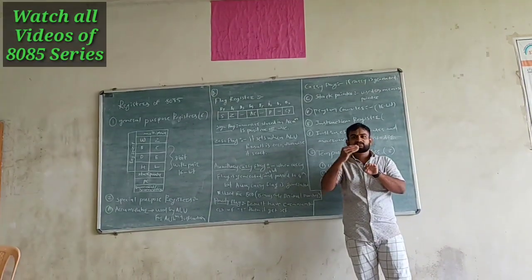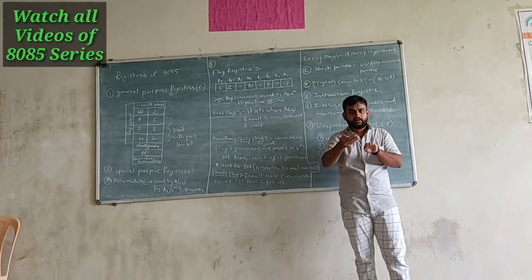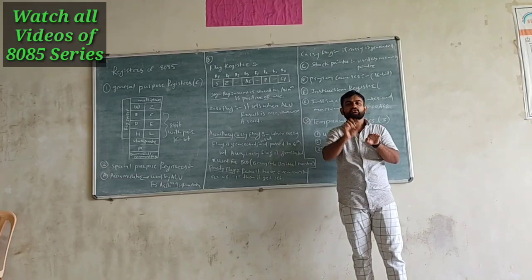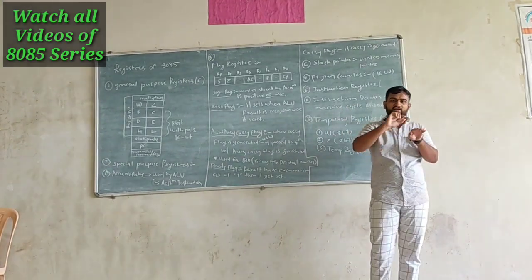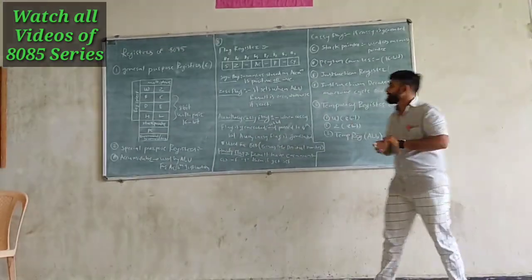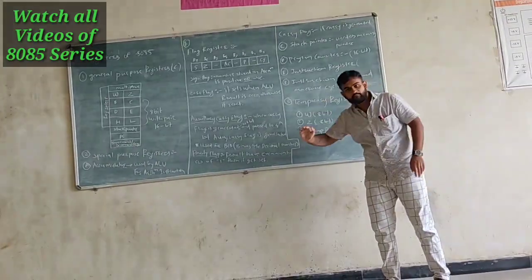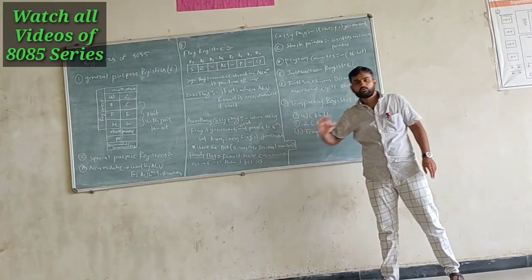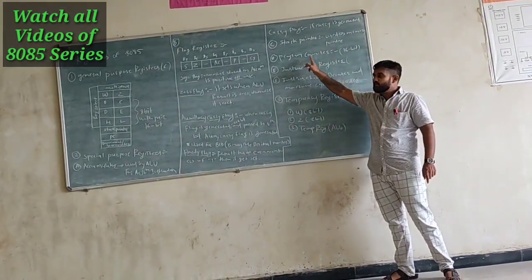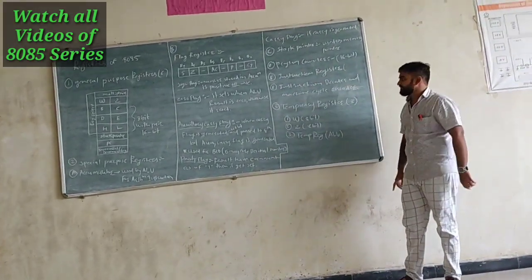After each instruction, it gets incremented. If we reset it, PC is going to be at the 0 position. The sequential operation of any program depends on the program counter. It is also a 16-bit register.